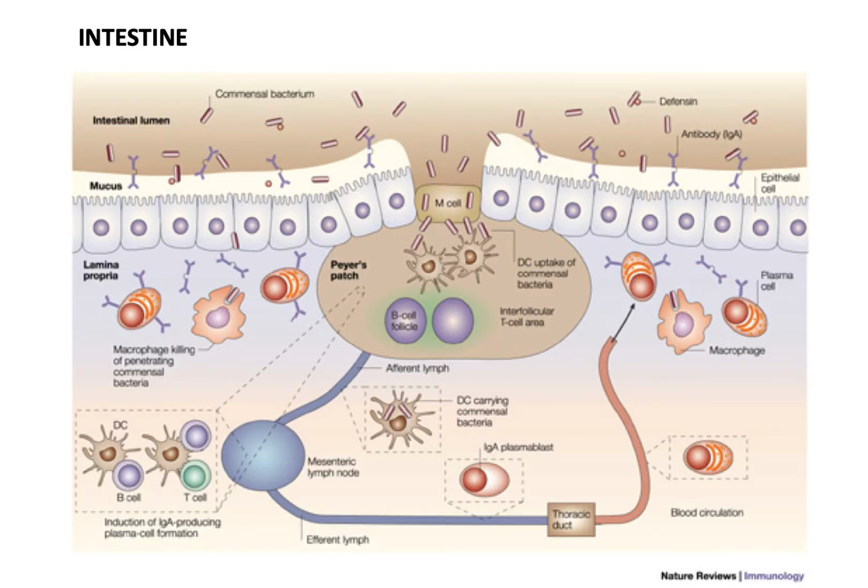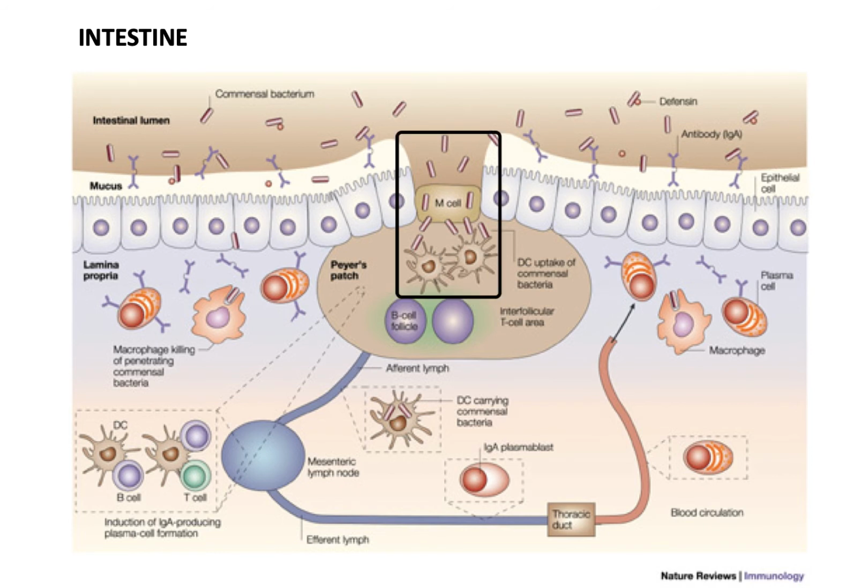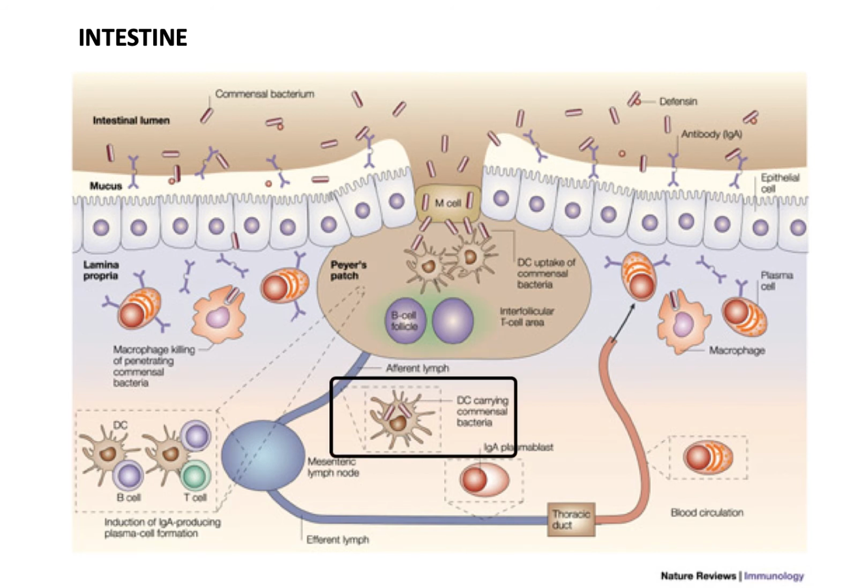So as I already mentioned, in the lungs, there are these little patches that contain concentrations of immune cells, and the same thing happens in the intestines, a little different systems, but these are called Peyer's patches. And so when there's an invading organism, they're taken in, dendritic cells interact and react with those. They signal B cells. The dendritic cells also travel down into the lymphatic system and then train B and T cells to react to those specific antigens.